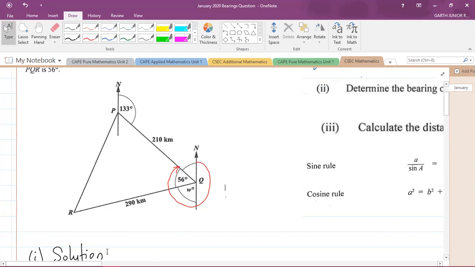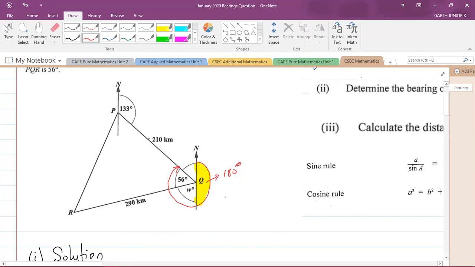Now, how would you calculate that bearing? Well, I know that all of this angle here would be the angle on the straight line. All of that would be 180 degrees.